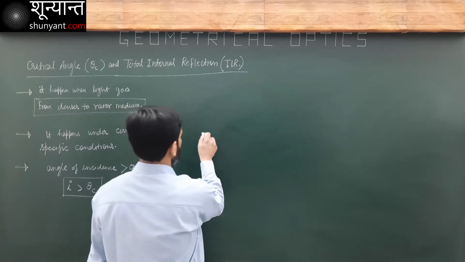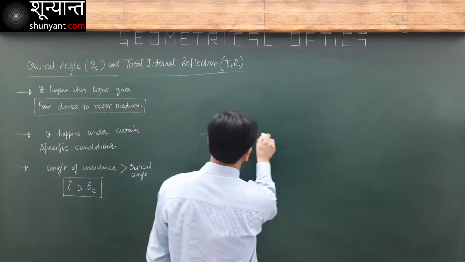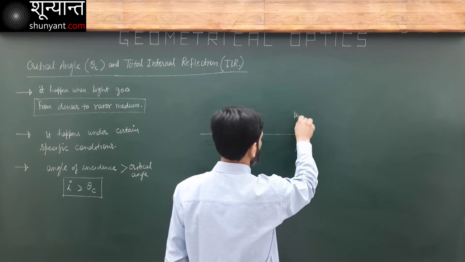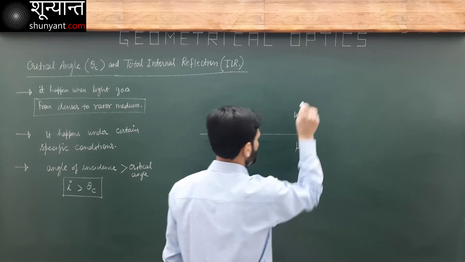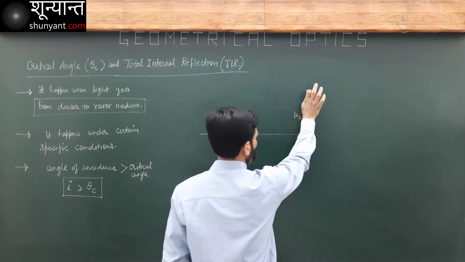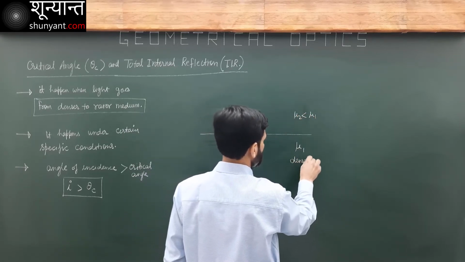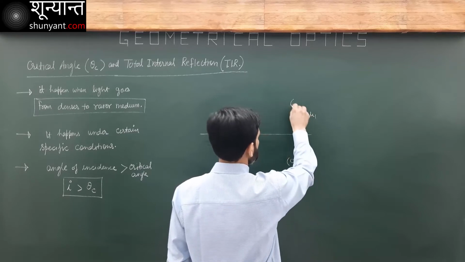Let's say that I have one medium here, mu1, and this is mu2. Mu2 is less than mu1. That means this is the denser medium, and this is the rarer medium.